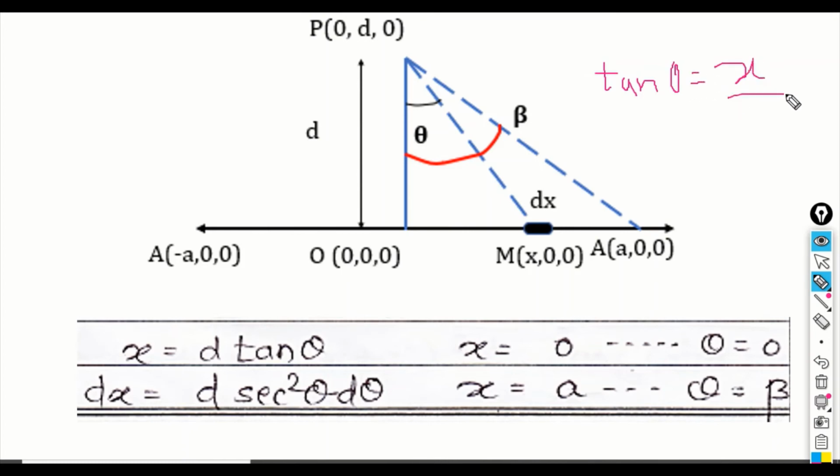Opposite side upon adjacent side. So it will be equal to x divided by d, this is my distance x. So x you can write as d tan theta. So writing dx will be equal to d sec square theta d theta. Now when my x is equal to 0, it means I am at the origin point here.